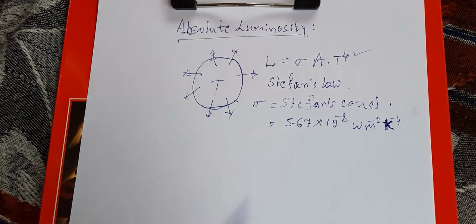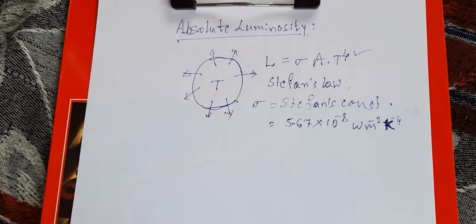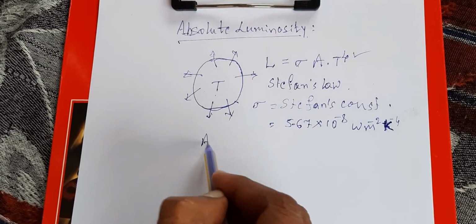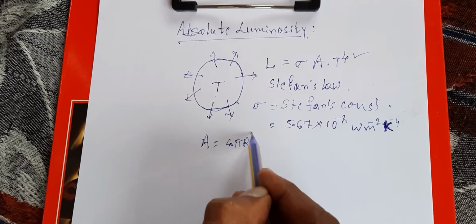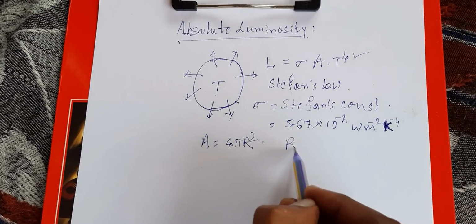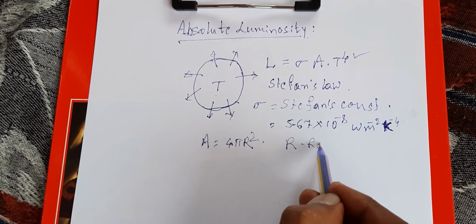Now, suppose it is a spherical area, then A will be equal to 4 pi r square, where r is the radius of the star.